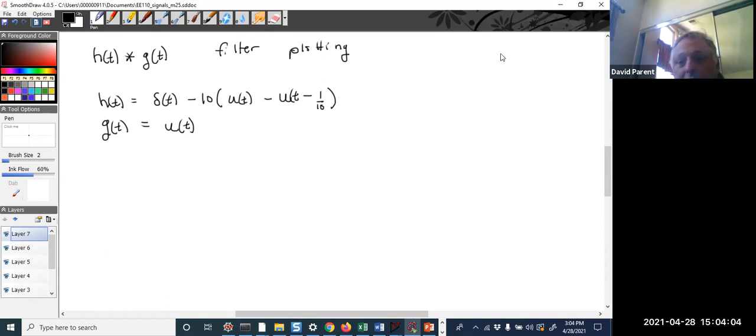Now, to get a feel for what's going on, you probably want to plot out what everything is. That's our delta function.